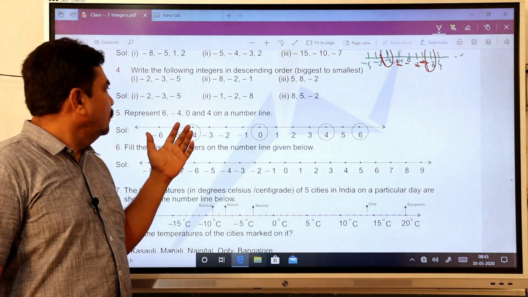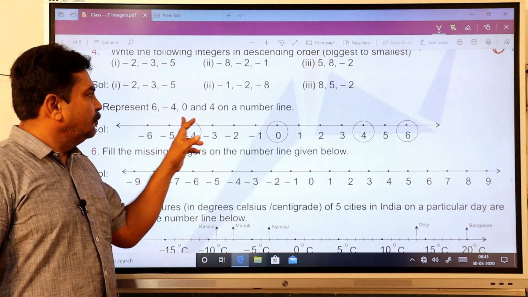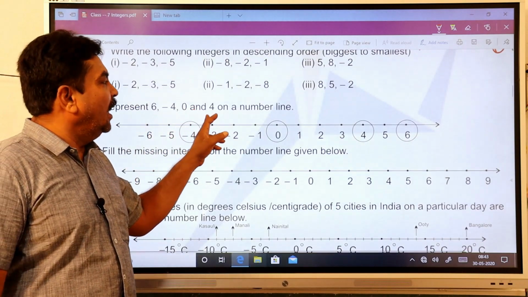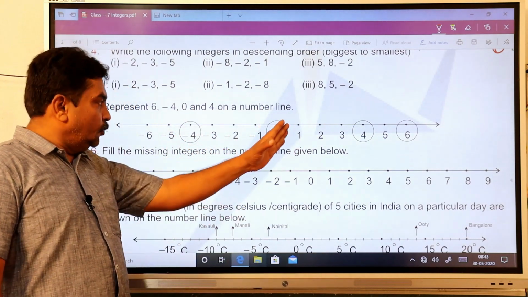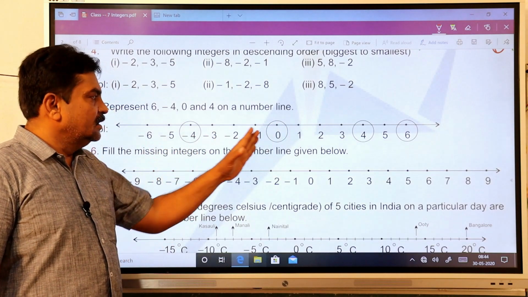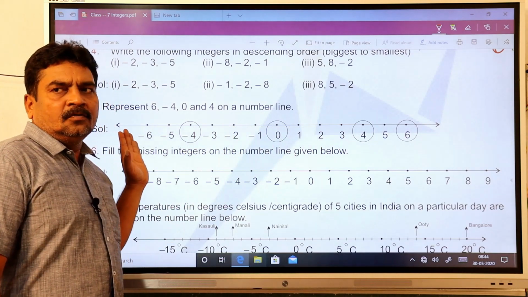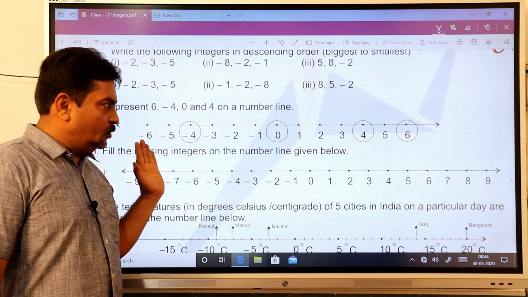We can go as, see here, represent 6, minus 4, 0 and 4 on a number line. For that you have to first draw a number line, that is 0, 1, 2, 3, 4, so on, and towards the left side you write down minus 1, minus 2, minus 3 and so on.